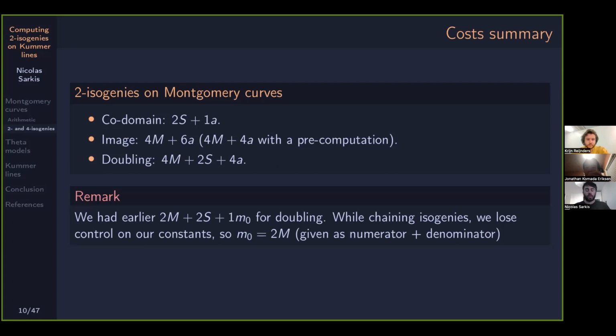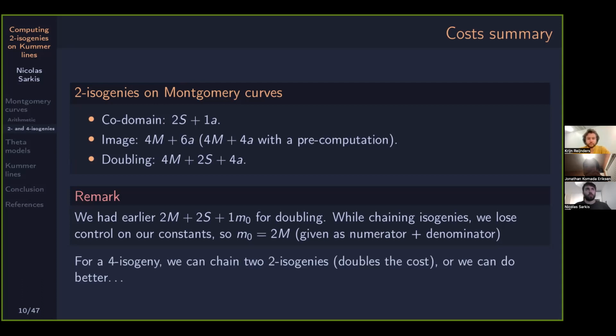However, when you chain isogenies, you have to compute new codomains. So these curve constants, you lose track if they are small or not. So I will count M0 as 2 multiplications later, because you have to multiply by the numerator and the denominator. And I will not care more about these curve constants.